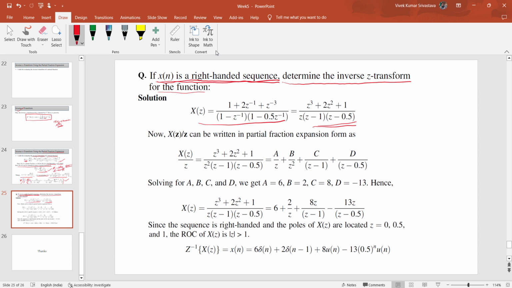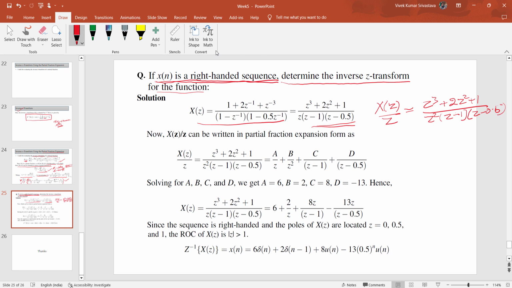So what we will do, we will take X of z and divide it by z. This will be equal to z cube plus 2 z square plus 1 over z square into z minus 1 into z minus 0.5.